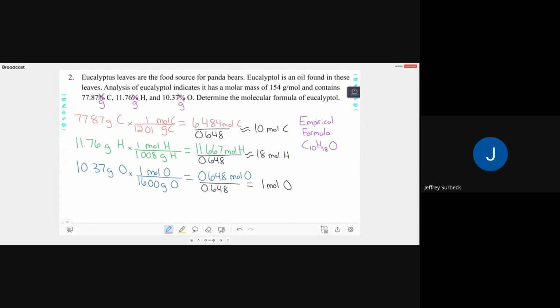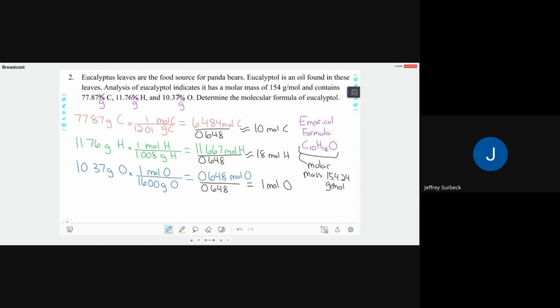And if I did that real quick in my calculator, if I took 10 times the molar mass of carbon plus 1.008 times 18 moles of hydrogen plus 16.00 from oxygen, my molar mass, to 2 decimals, of our empirical formula is 154.24 grams per mole.